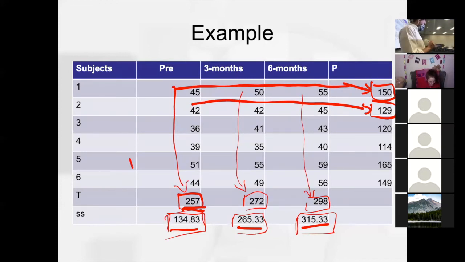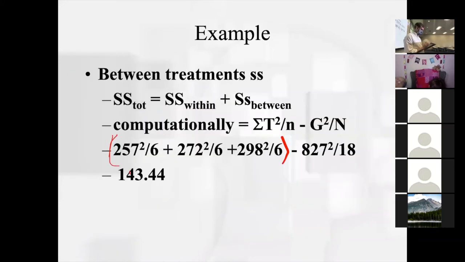And then you're going to add that to 272 squared divided by 6, because I've got 6 participants here. And then I'm going to add that to 298, which I'm going to square and divide by 6 again.